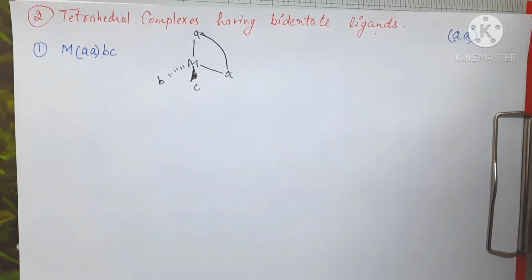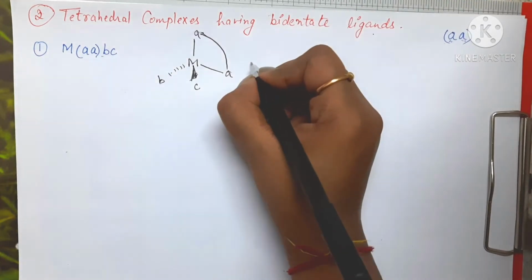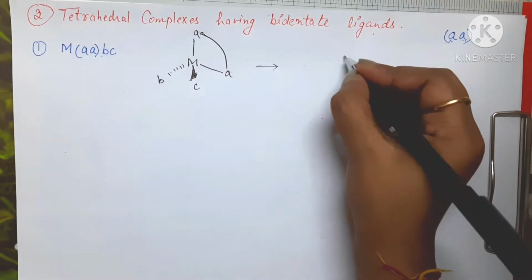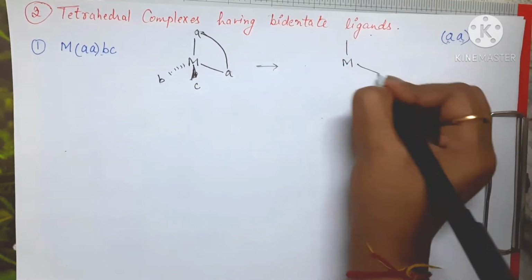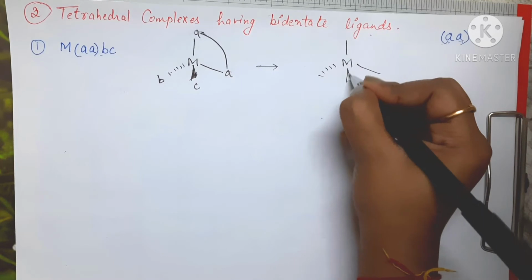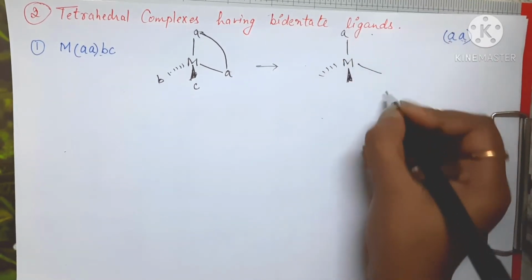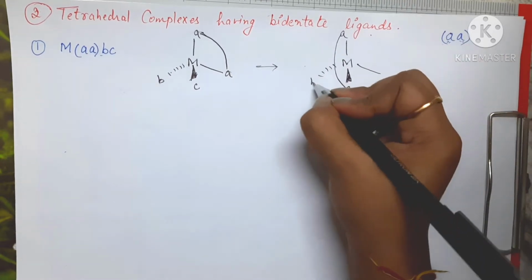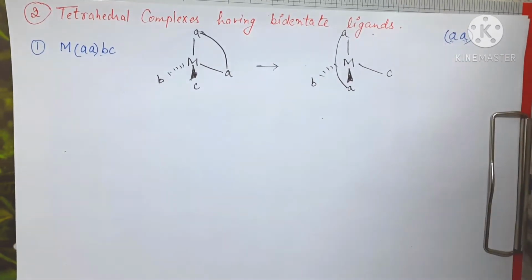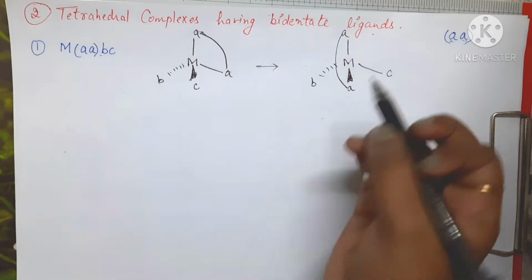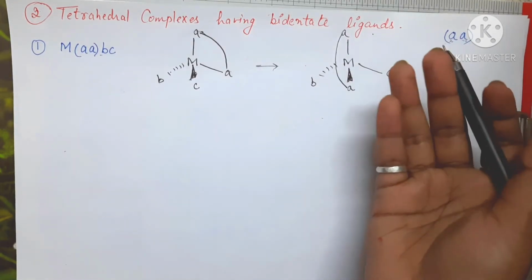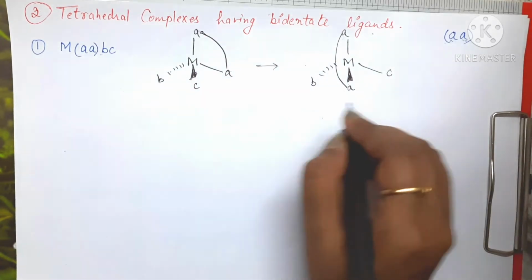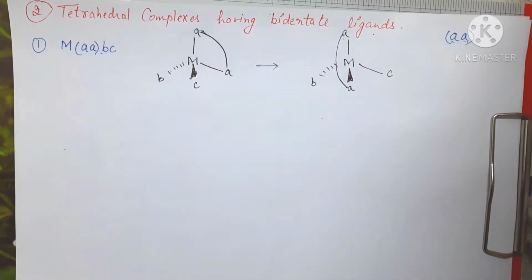So I'm going to change the position of this A here, and the ligand is like this, with B and C. The orientation of this bidentate ligand is changing, but overall there is no change of bond angle if you analyze it in 3 dimensions.